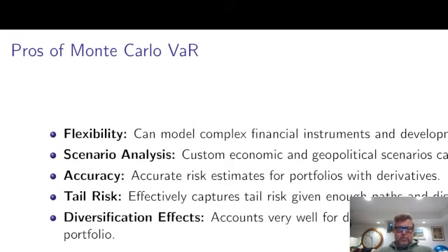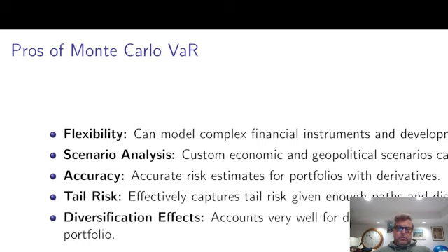Now, Monte Carlo simulation, the pros. You can have as complex financial instruments as possible. In financial instruments and market data, the scenario is simulated, so you can put as much sophistication into your scenario analysis as you like, based on economic and other scenarios.